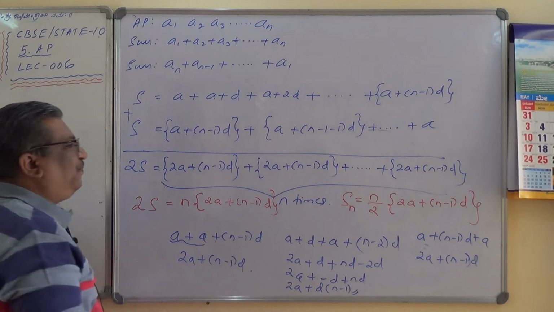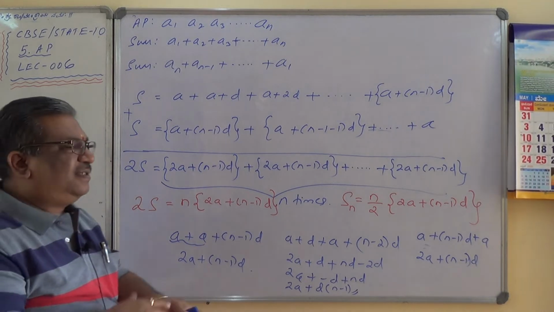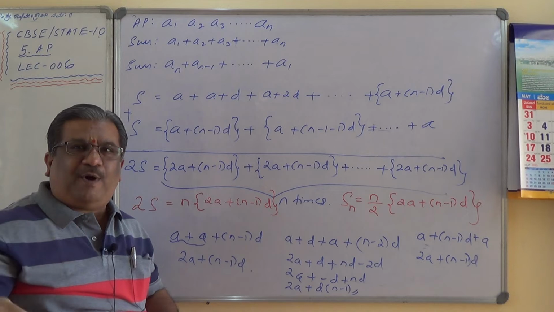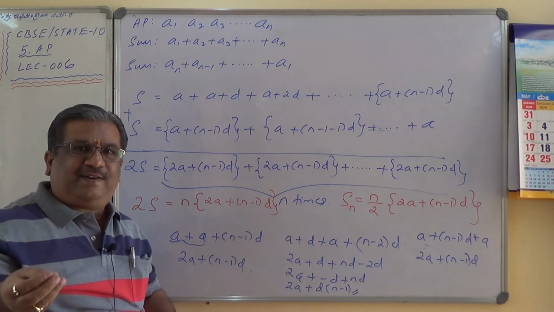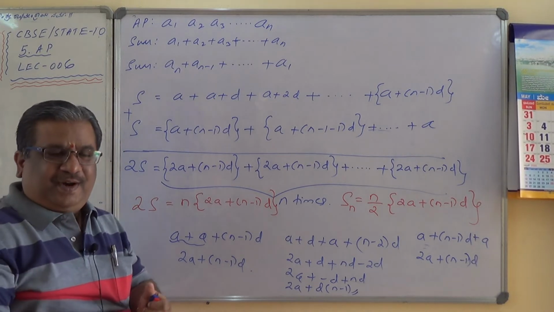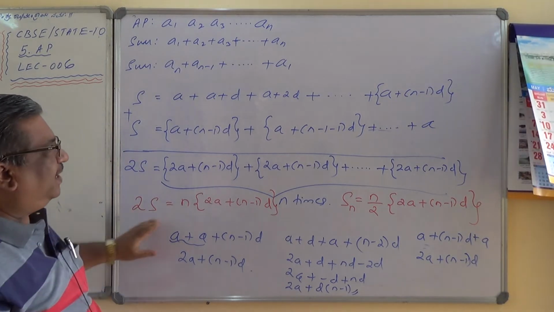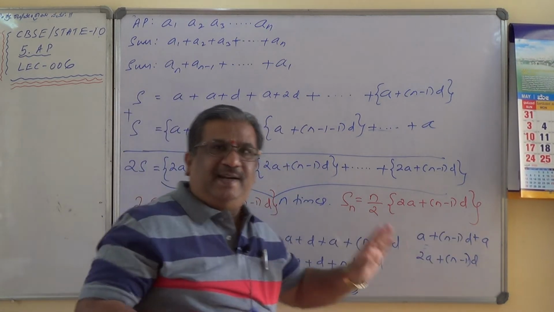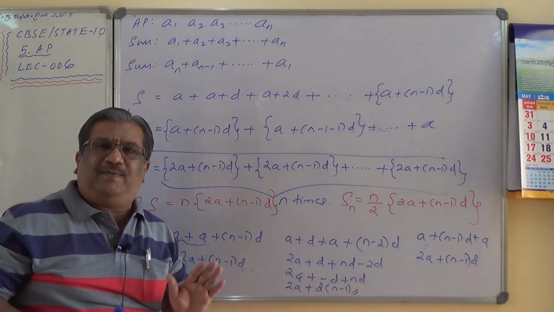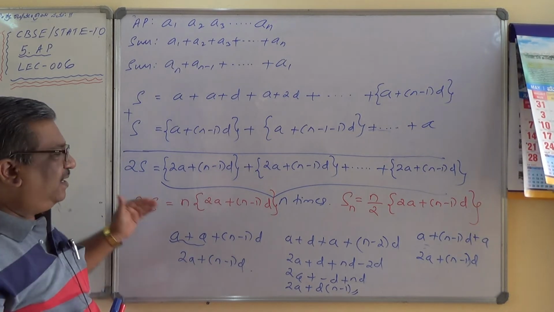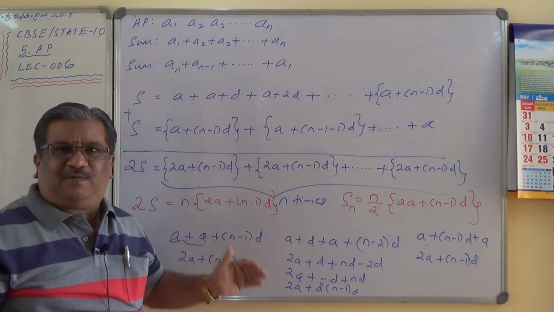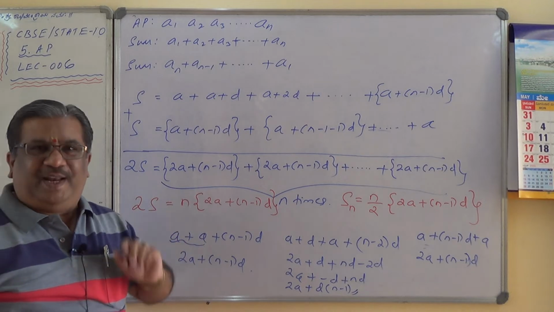And this is how we applied the same concept that was used by a 10-year-old boy, Carl Friedrich Gauss. You understood? Even though the derivation for Sn equals n by 2 times 2a plus n minus 1 into d is not required for you, the derivation will not come in exams. But it is an interesting fact that a 10-year-old boy's concept has been adopted to find the sum of the first n terms of an AP, isn't it?